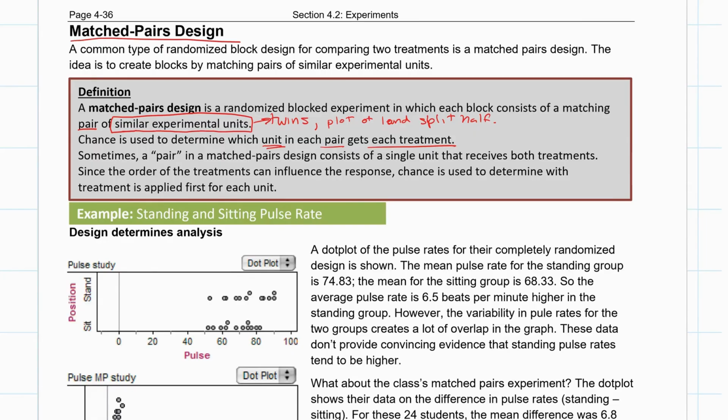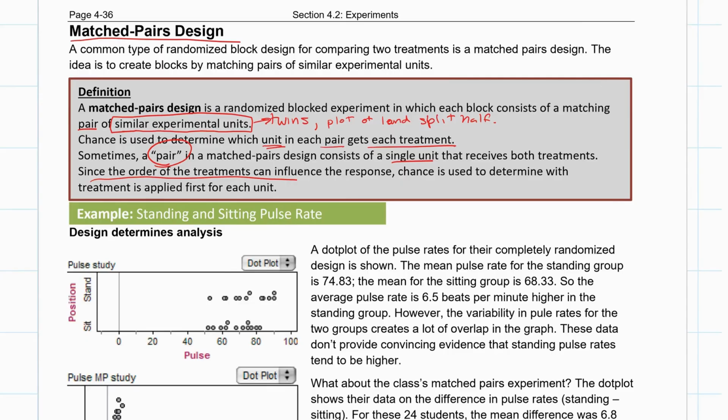Now, sometimes the pair can consist of a single unit that receives both treatments, meaning that a single person gets acne medicine for a little while, and then they get the placebo acne medicine for a while. And the only thing that then varies by chance is in which order the treatment is given. So people can be their own matched pair.